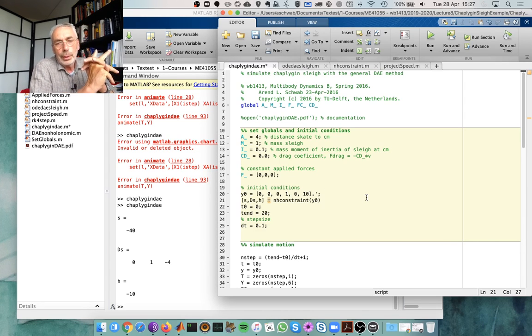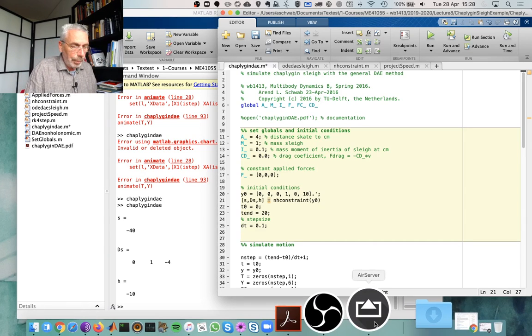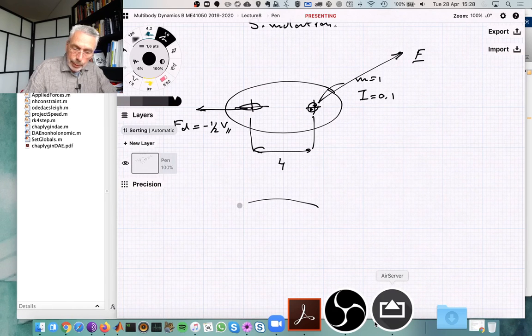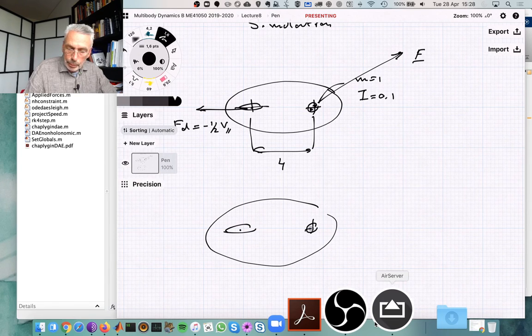And that's of course super clear, because if we look, now I need a tablet. Come back to me. Yes. If we have this body here, and we have the skate here at 4, and we have the center of mass here, and we start here with a forward velocity of 1, and we take an angular velocity of 10, then since this can have no zero velocity, the initial velocity here should be 10 times 4, right?